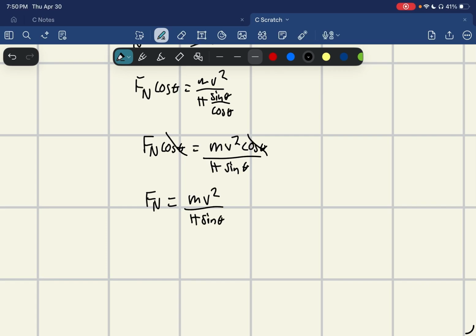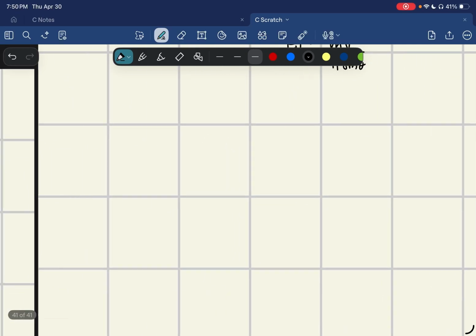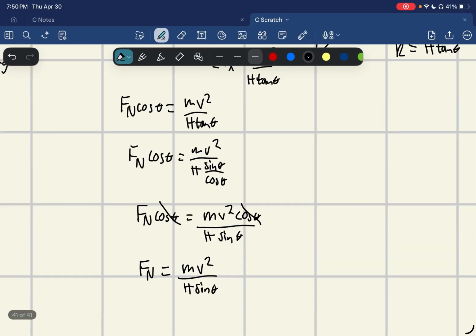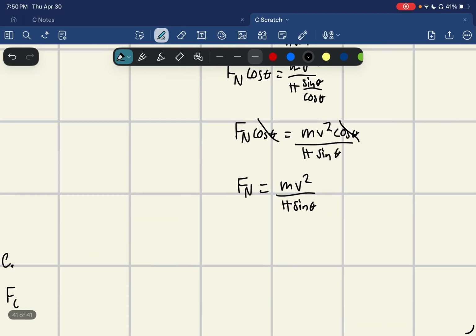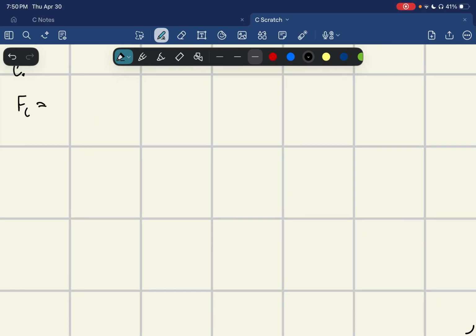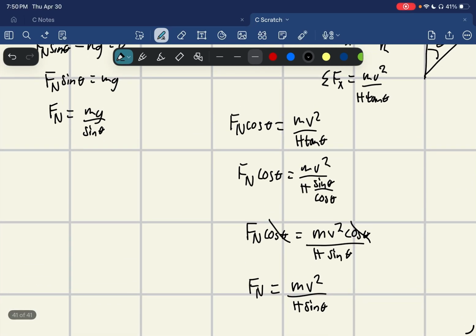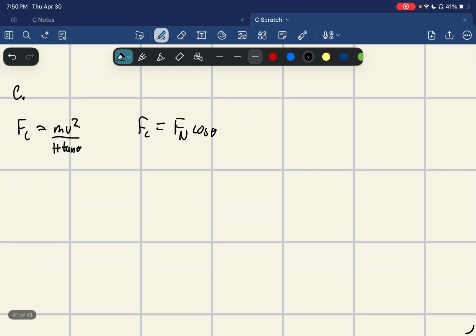Okay, that's part B. Part C asks us to find an equation for Fc. We found earlier that Fc is equal to mv squared all over h tangent theta, but we also know that Fc is equal to Fn cosine theta, and we found what Fn is equal to, which was mg over sine theta.